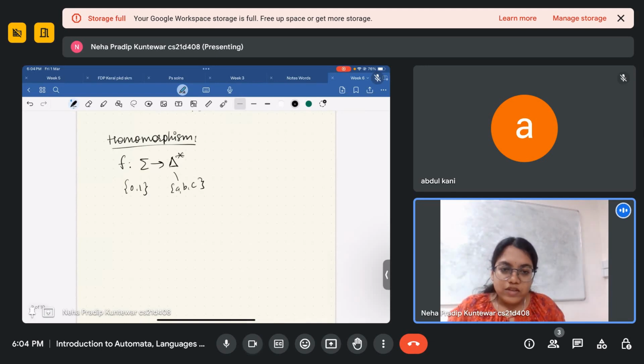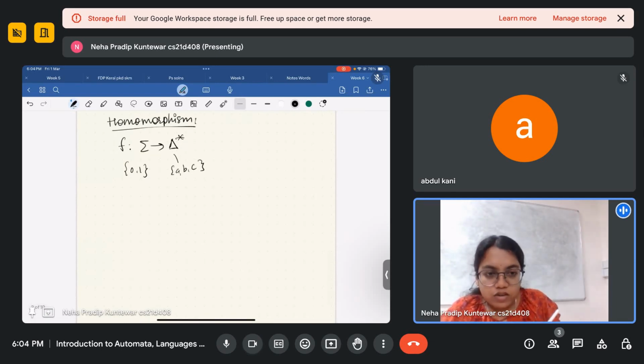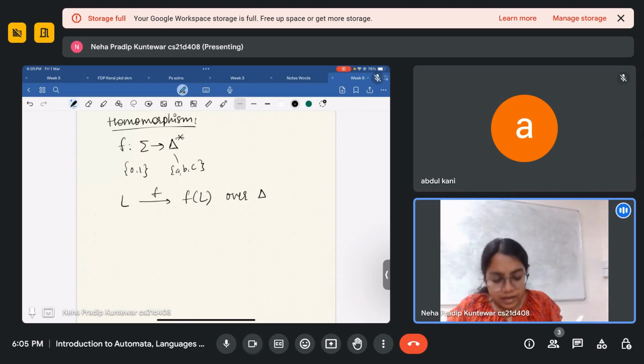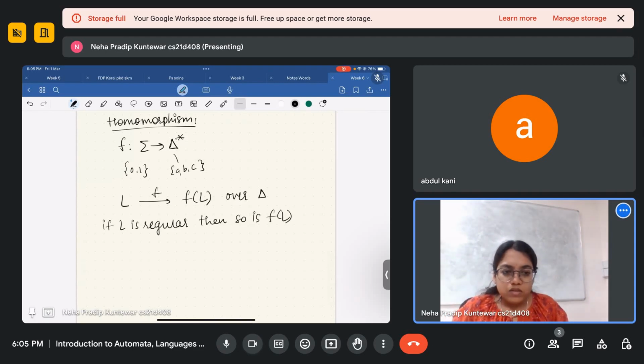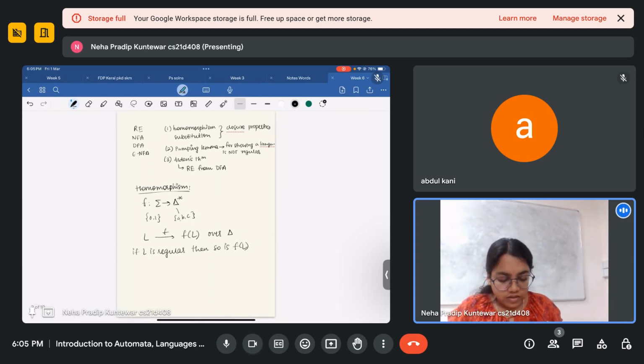As we saw, regular languages are closed under homomorphism. That means if I give you a language L and apply the homomorphism F to it, I get another language F of L over a different alphabet delta, and if L is regular, then so is F of L. That is what we know. We will look at some examples of this kind.